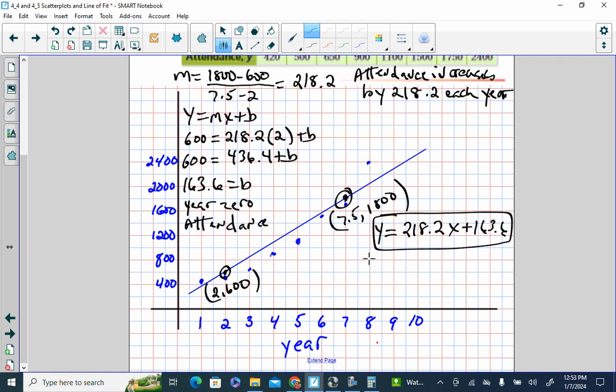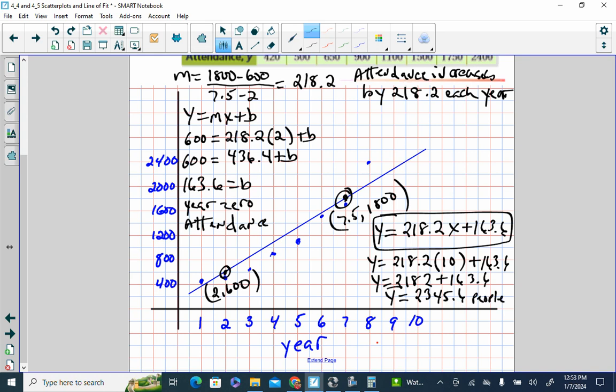So we have y equals 218.2 times 10 plus 163.6, so y equals 2,182 plus 163.6. I get 2,345.6 people.